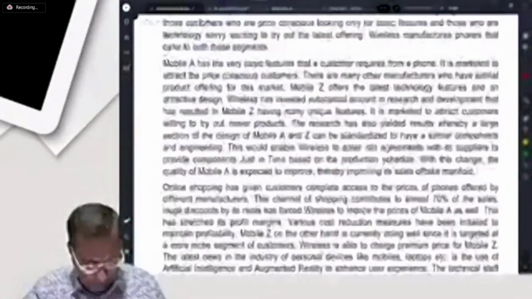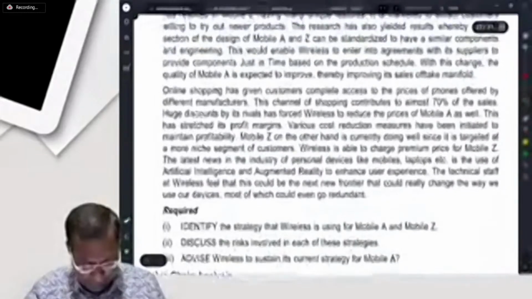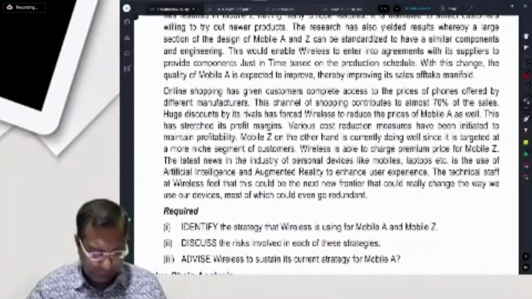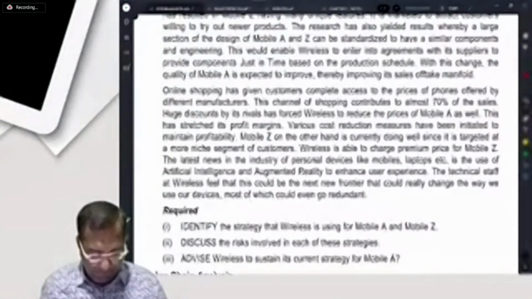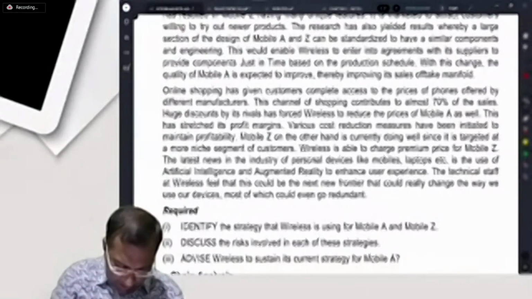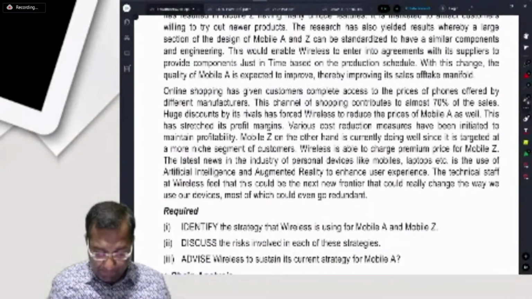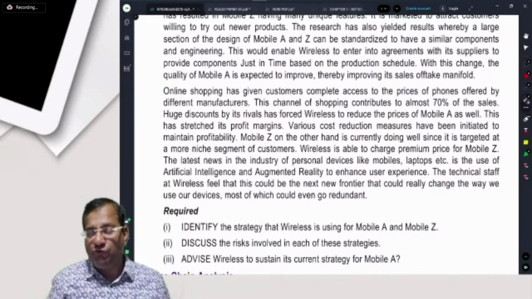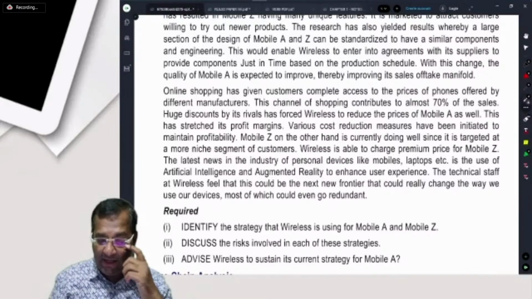Page number 27. First of all, we will read the requirement part. Identify the strategy that the company, whose name is Wireless, is using for mobile A and mobile Z. So the company is manufacturing two mobiles, A and Z.